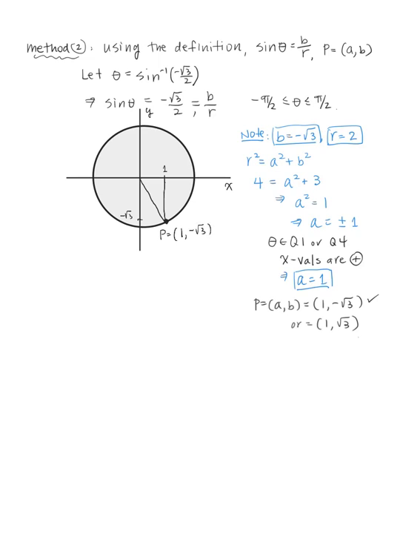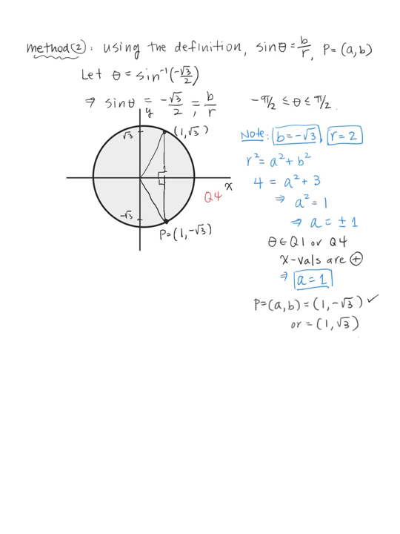And another value can be here. So this point right here will represent 1 comma positive square root of 3. But we already know that theta better lie in quadrant 4.